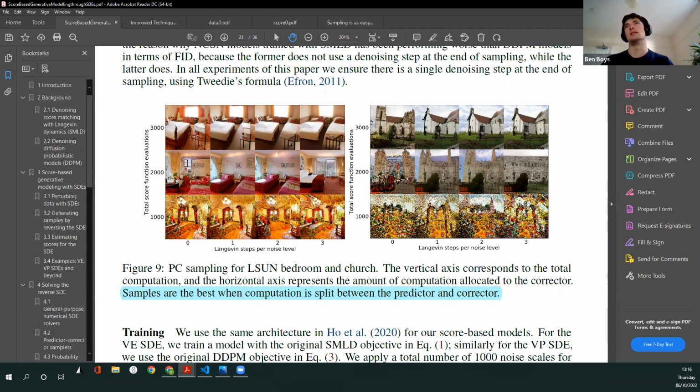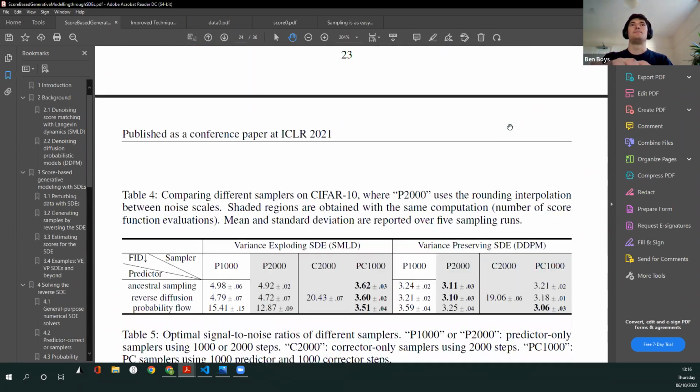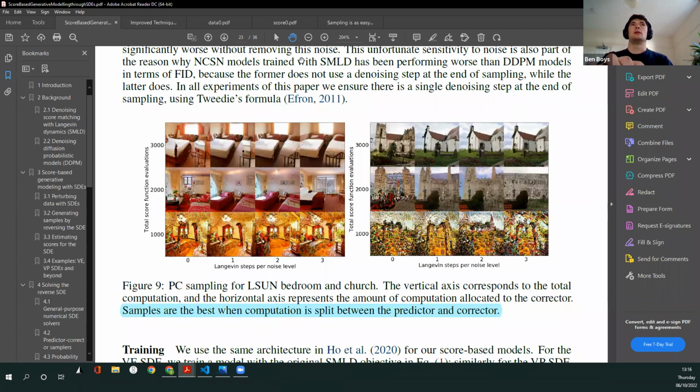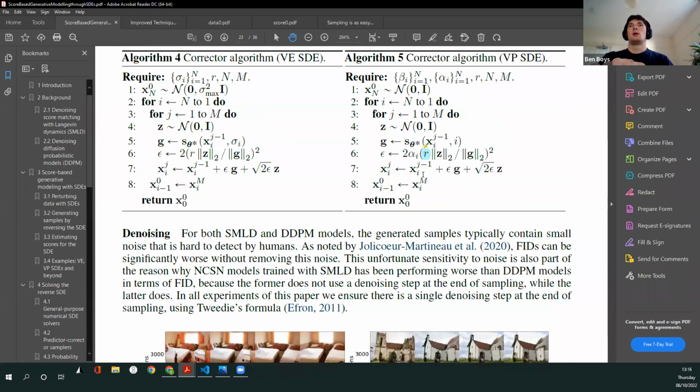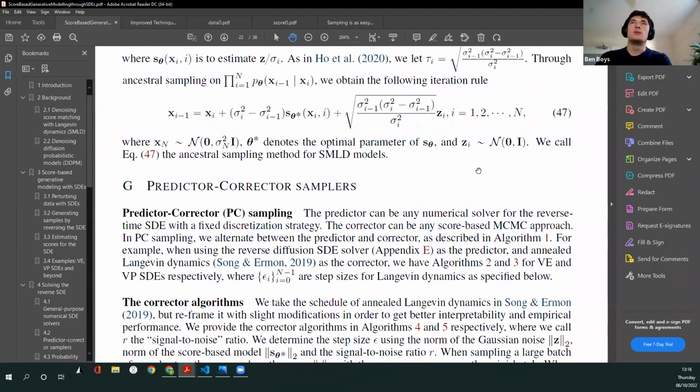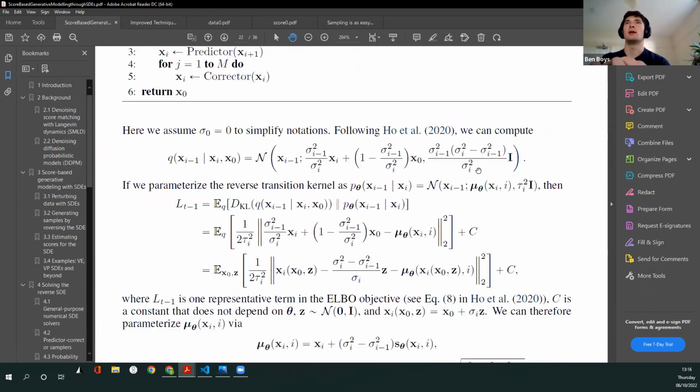And then you get less noisy samples. Before I go on to the architecture and practical implementation stuff, are there any more questions about the method?